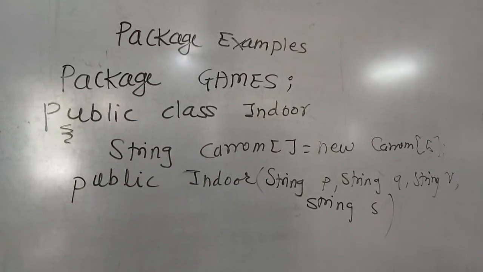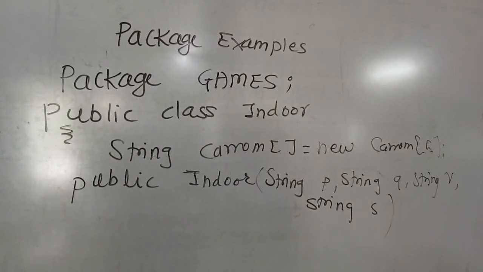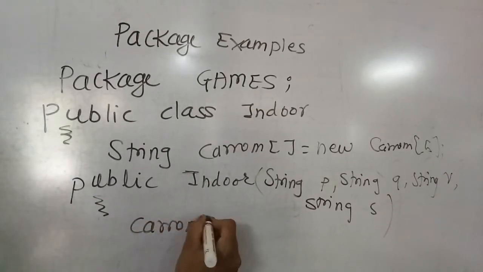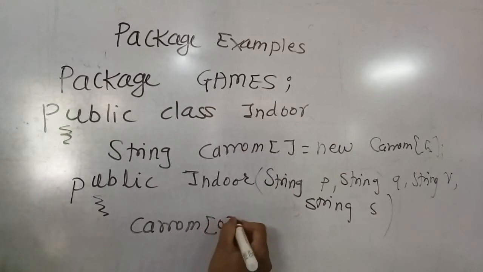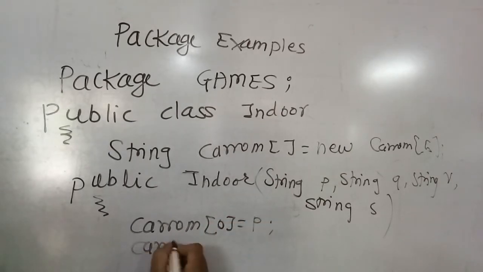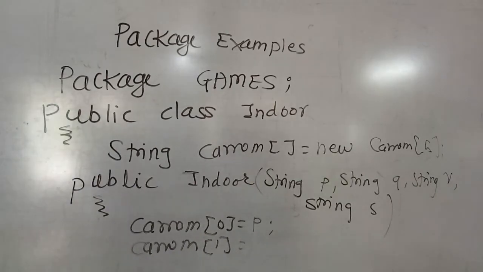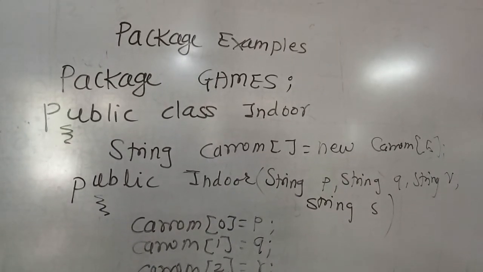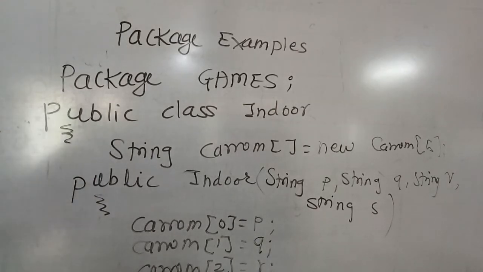Now we will accept these into our basic carom array: carom type 0, we will store the first name, that is p. Carom type 1, we will store the next, that is q. Then carom type 2 is r, and carom type 3 is equal to s. We have accepted the names of the different indoor games from the user here.